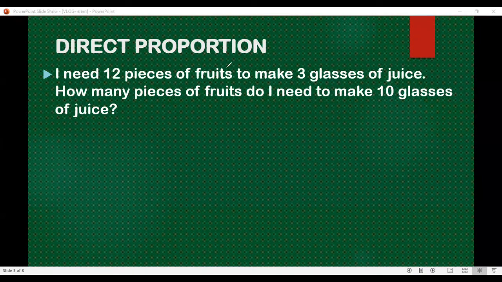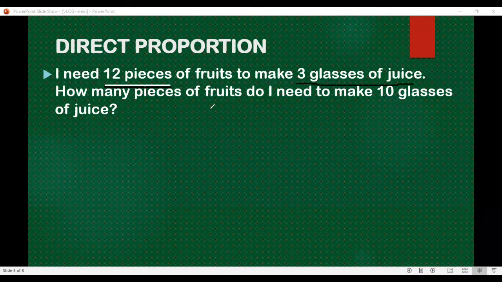Looking into this, if we have 12 pieces, the first thing that we have to take note of is how we can find the statement or the relationship of the number of fruits to the number of glasses of juice that's being made.